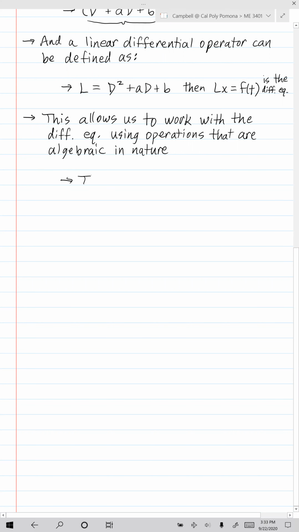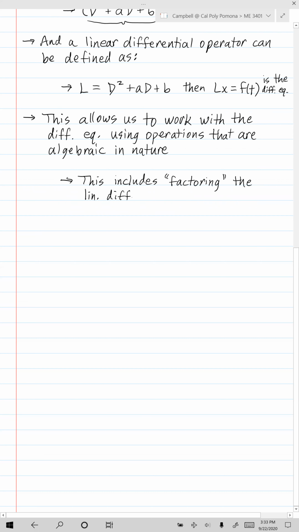And so you might wonder why we would be interested in a linear differential operator rather than just playing with our differential operators, our D's. Well, it turns out that grouping things into that linear differential operator gives us quite a bit of insight into what's happening, because we can then factor the linear differential operator.